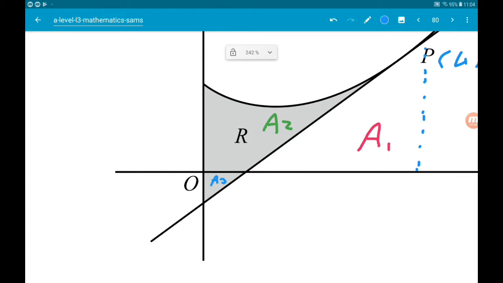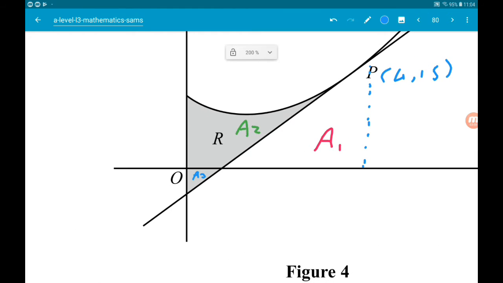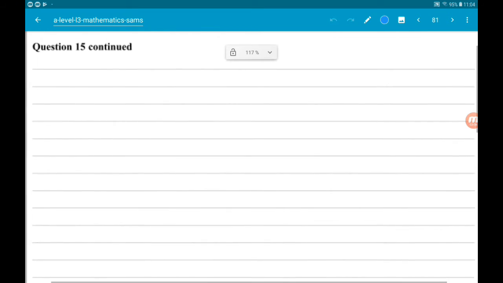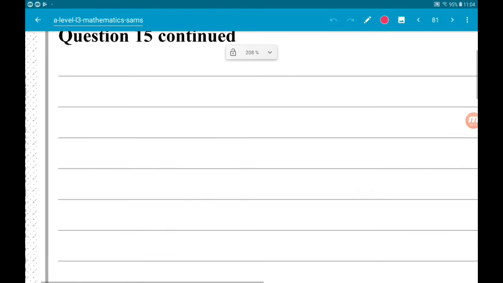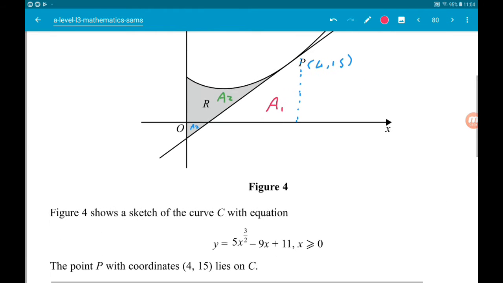Okay, so we know then that A1 and A2 is the integral between 0 and 4 of the curve.